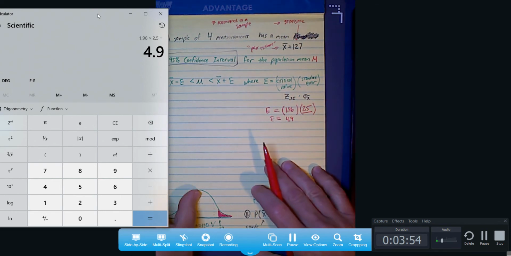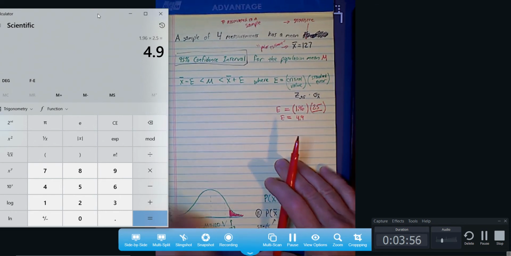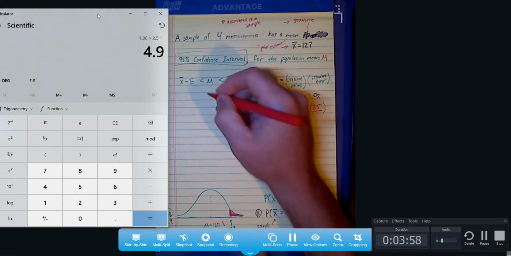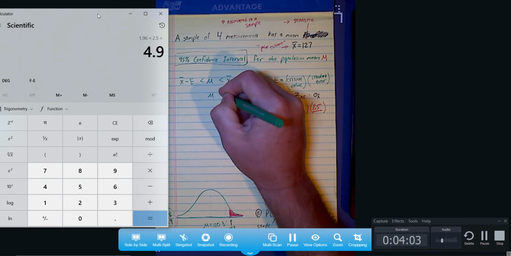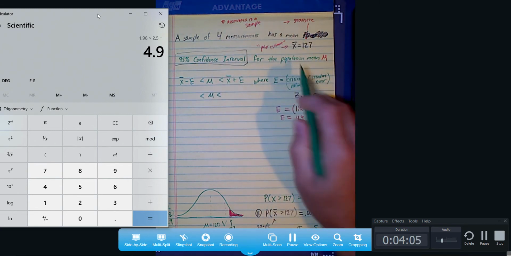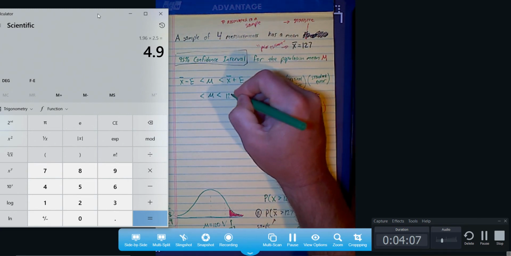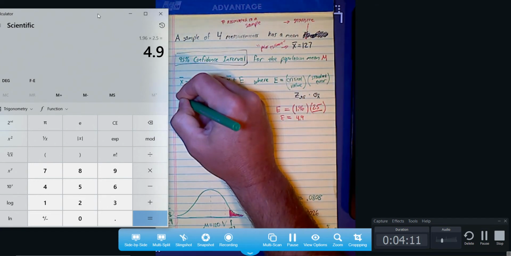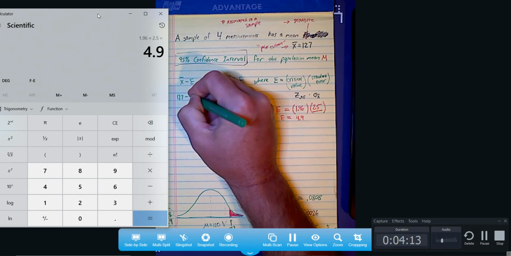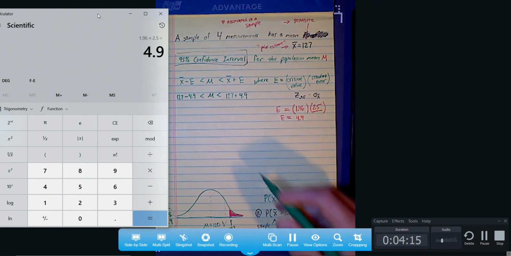And so my 95% confidence interval, the way I would write my answer, I'm going to say that mu is between, now x bar was 127 plus 4.9, and this is 127 minus 4.9.